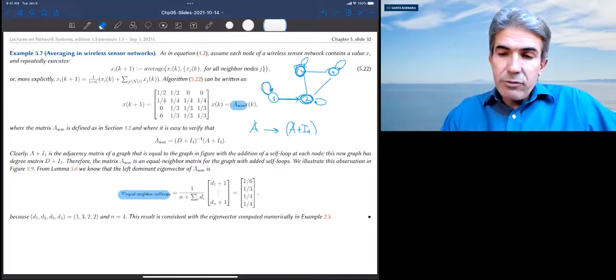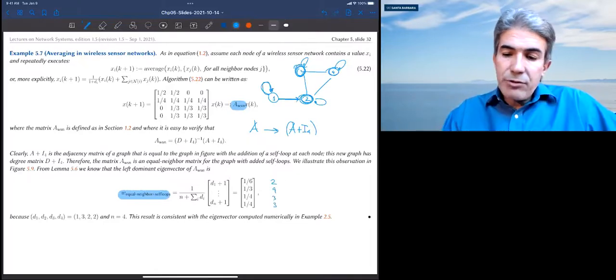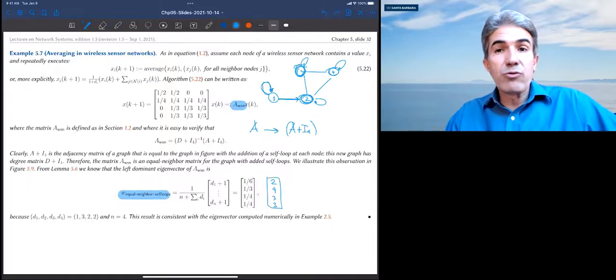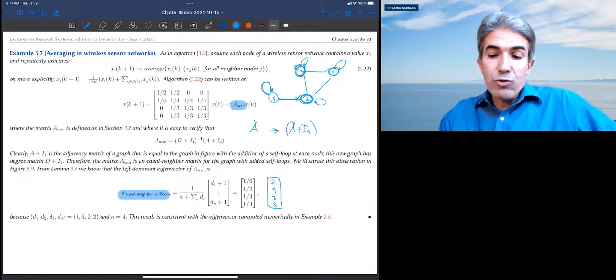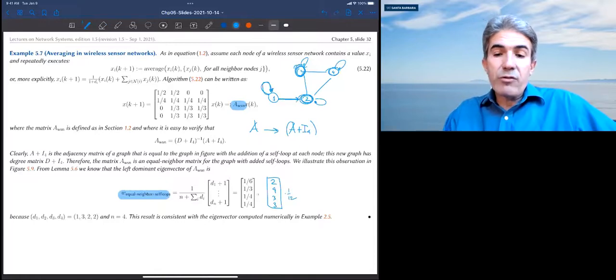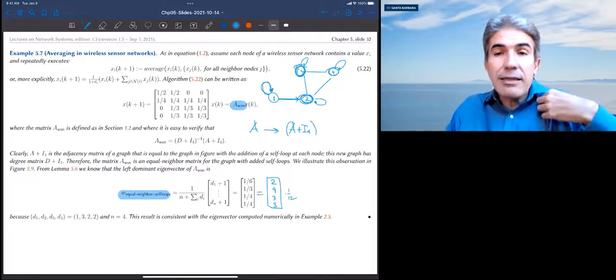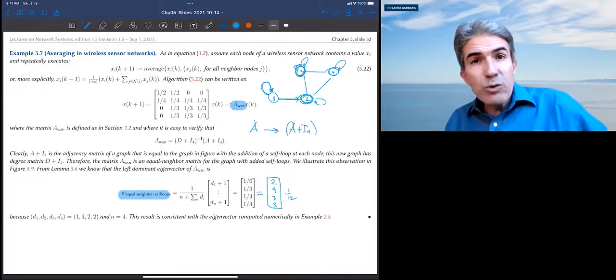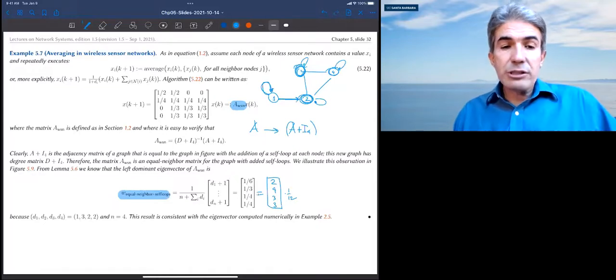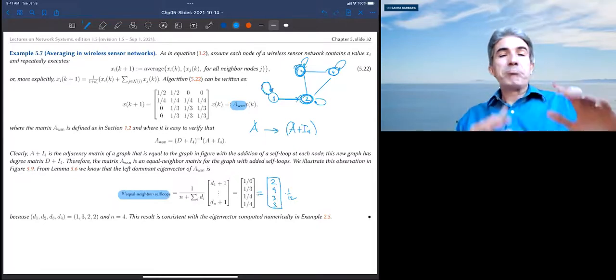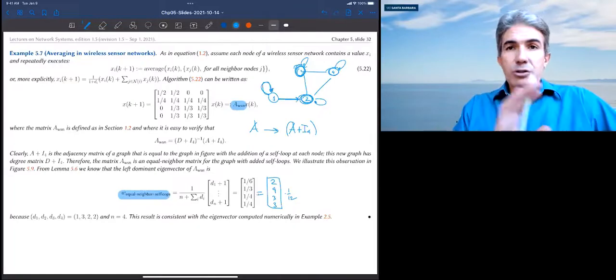Now you take this vector and you normalize it to sum to 1. The sum of that vector is 12, so you need to multiply by 1/12. And if you do, you get exactly 1/6, 1/3, 1/4, 1/4, which is the vector that we have already seen. So just to confirm everything.